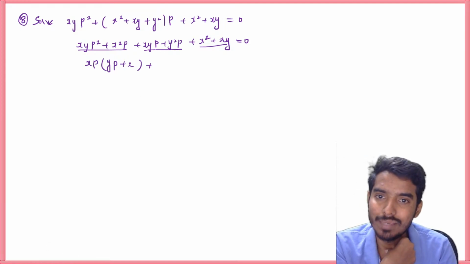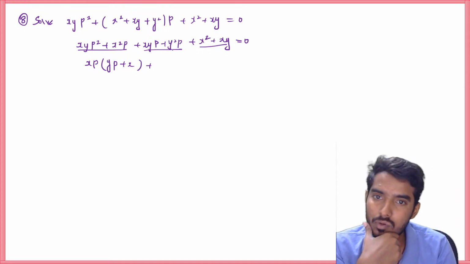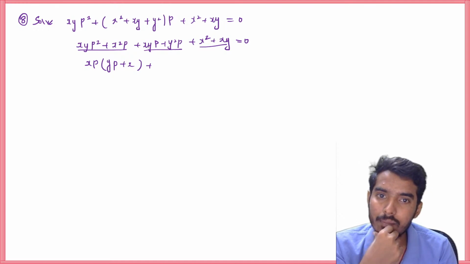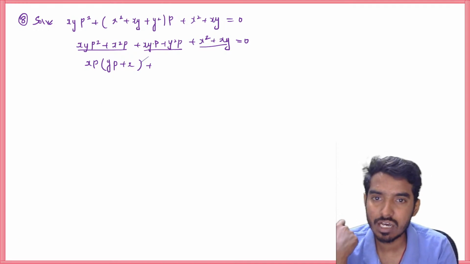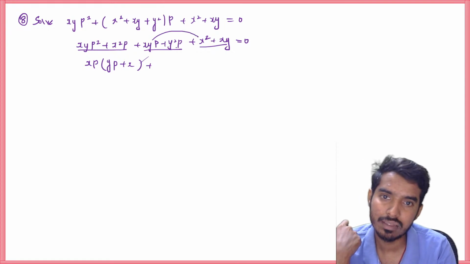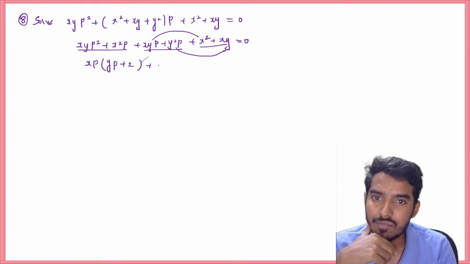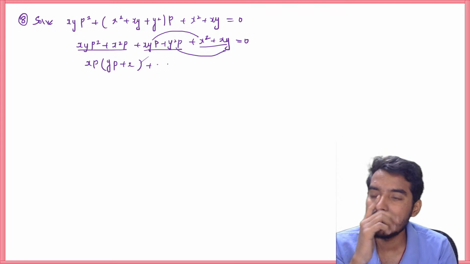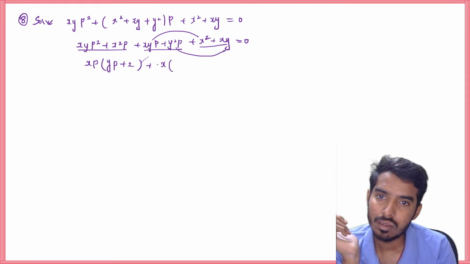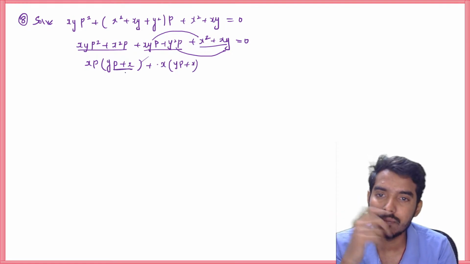If I need yp plus x, what will we do? Instead, we will take these two common now. Here if I take x common, we will have yp plus x, because we have yp plus x here, right?